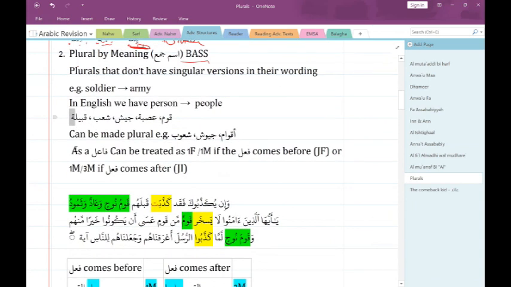Now, this is where it gets a bit interesting. When you have these words in a jumla fi'liya, and these words are a fa'il, an outside doer, it can either be treated as singular feminine, one she, if the fi'il comes before, or it can be treated as singular masculine or three masculine plural, if the fi'il comes after it.